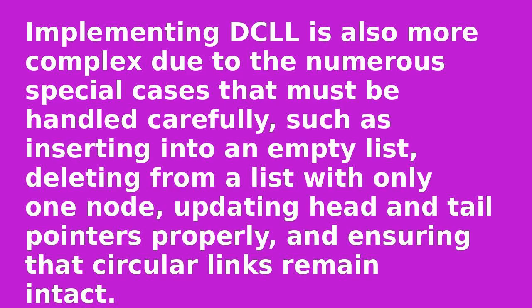Implementing DCLL is also more complex due to the numerous special cases that must be handled carefully, such as inserting into an empty list, deleting from a list with only one node, updating head and tail pointers properly, and ensuring that circular links remain intact.